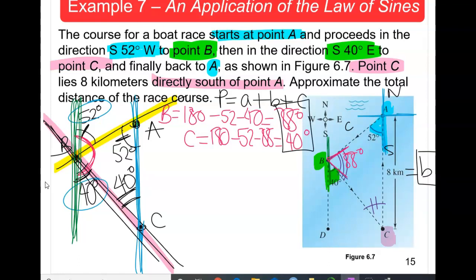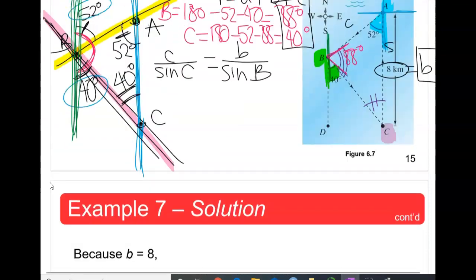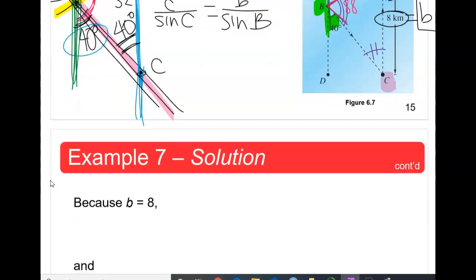So now we need to find lowercase c. And let's use side B, because that was given to us. And so we're going to go ahead and substitute.